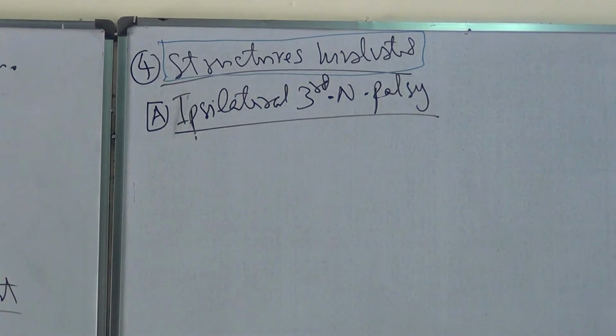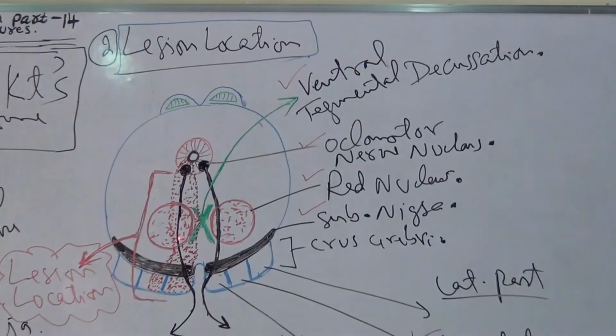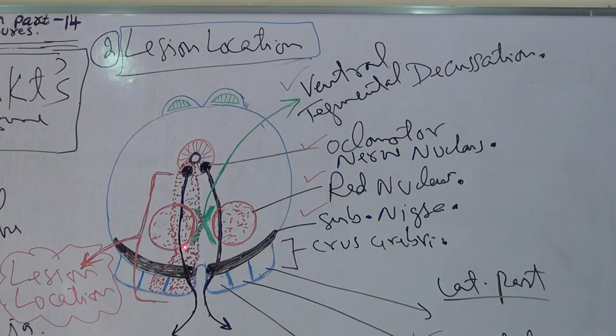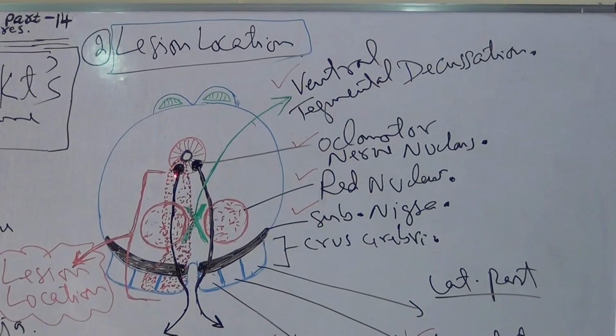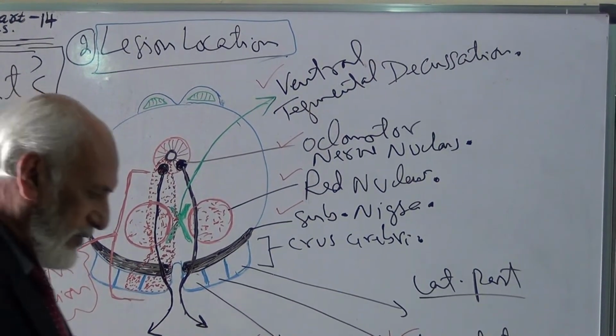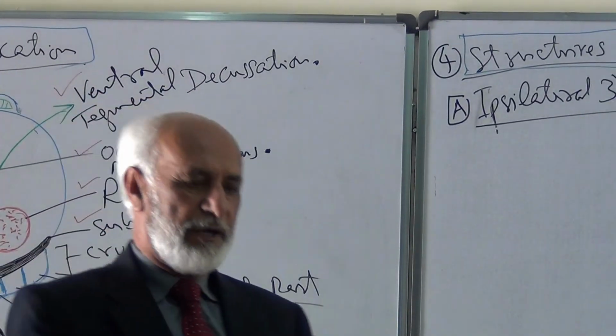Because the lesion not only involves the nerve fibers of the oculomotor nerve traversing through the red nucleus, substantia nigra and middle part of the crus cerebri, second, the oculomotor nerve nuclei, it will result in ipsilateral third nerve palsy.